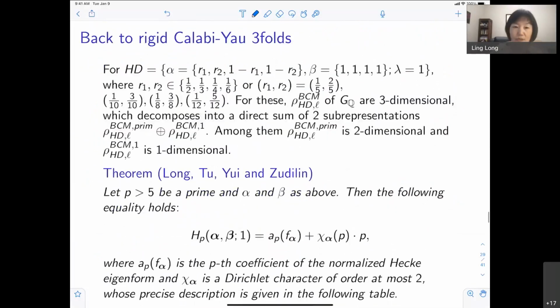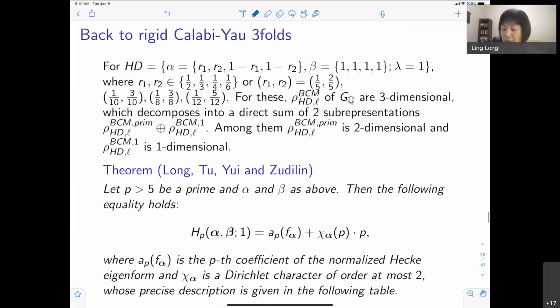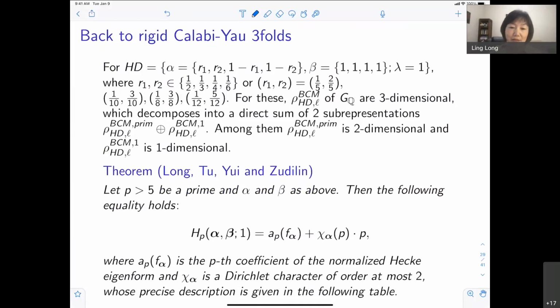So let's get back to Calabi-Yau threefolds over here. This is based on exactly the idea outlined on the previous page. If we get back to rigid Calabi-Yau threefolds at the end of lecture 2, we are actually considering alpha set to be of length 4, beta to be all ones. So the description will be that alpha is self-dual, so it's r1, r2, and 1 minus r1, 1 minus r2.